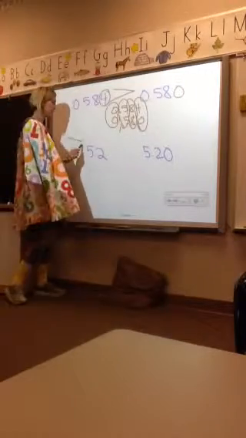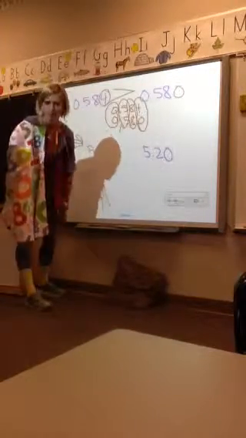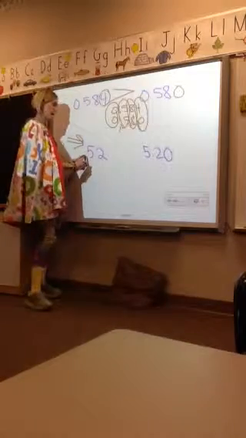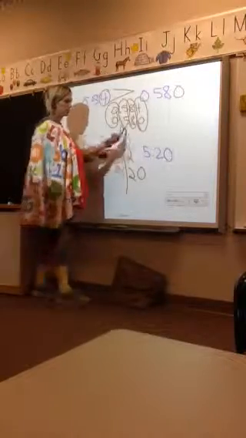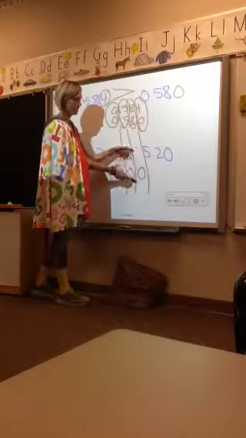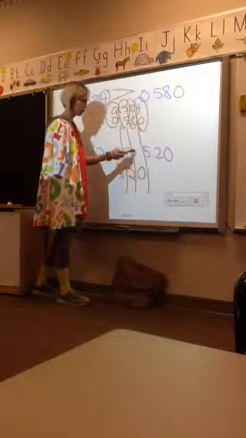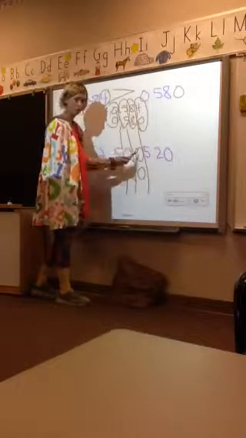Okay, let's look at one more. This one messes kids up all day long, every day. Okay? I have 5.2 and 5.20. 5s are the same. 2s are the same. And then I come to this. What's happening there? Well, if there's nothing there, replace it with a 0. And oh my gosh, those are the same.